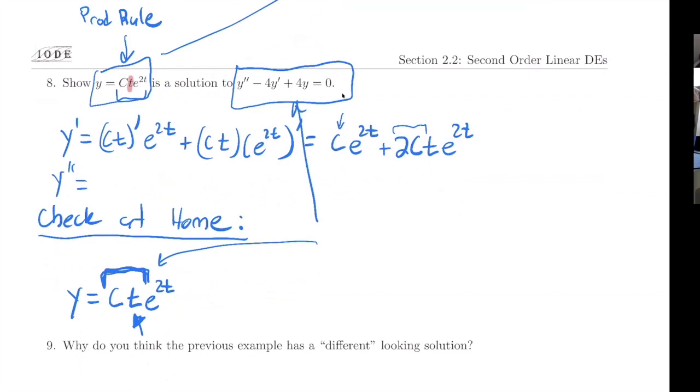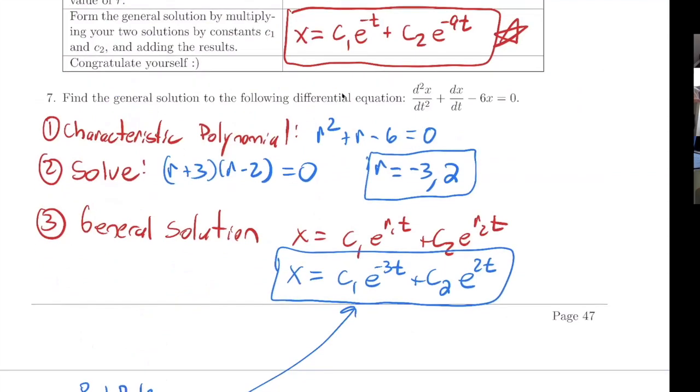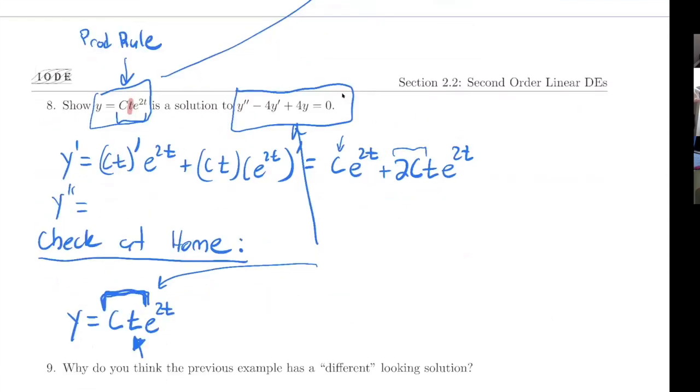So let's step back. If we didn't know what the solution looks like and we wanted to find it, the first thing we would do would be set up the characteristic polynomial, right? And then we would solve that characteristic equation.